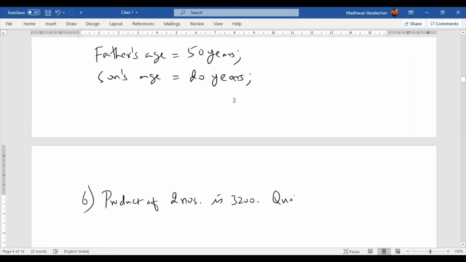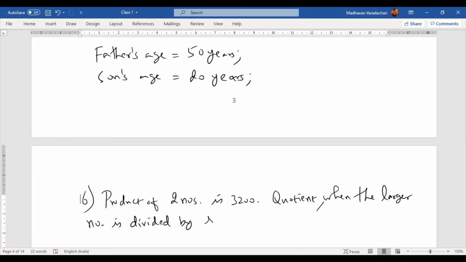Quotient when the larger number is divided by the smaller number is 2. Find the numbers.